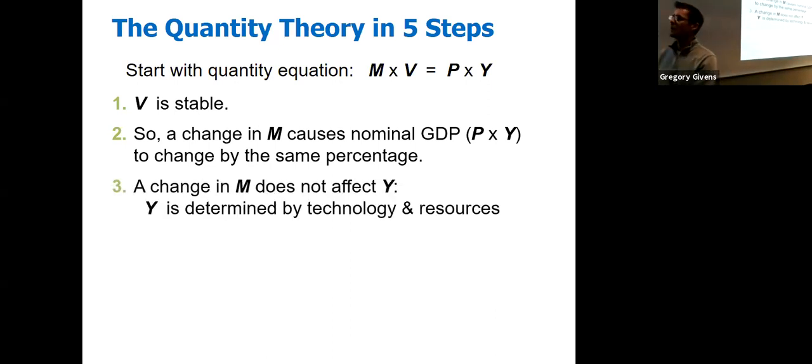Step three, you need to recognize that in the long run, a change in the money supply does not affect real GDP. Remember, I want to make sure you guys understand this point, is that real GDP, our economy's real output of goods and services, is determined by the state of technology and the amount of resources we have. That was the production function, which was a component of the Solow growth model, okay?